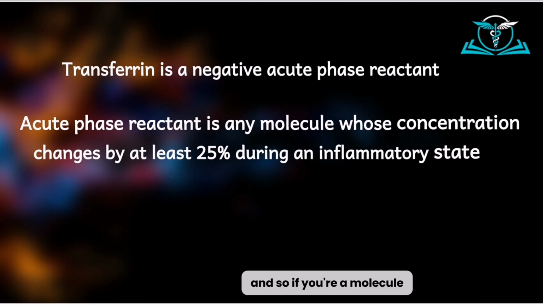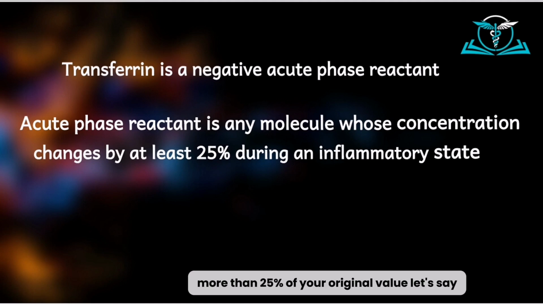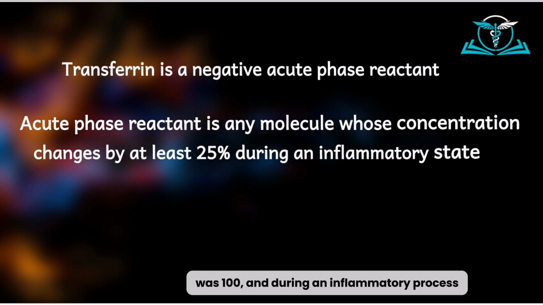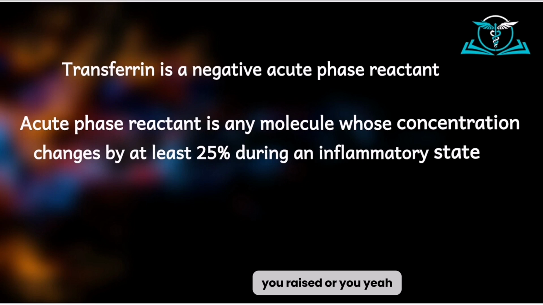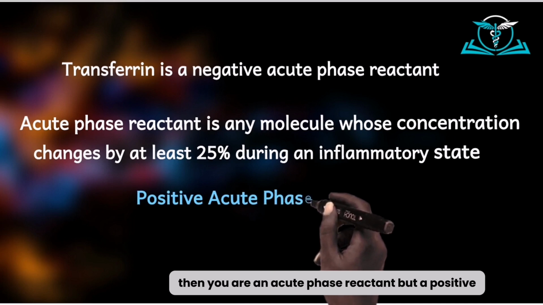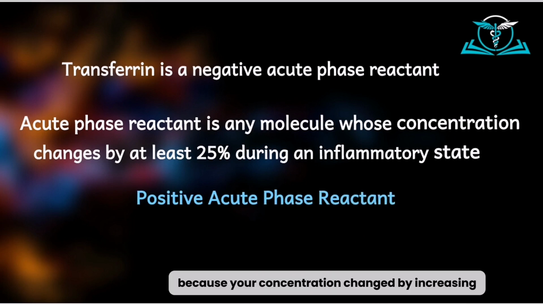And so if you're a molecule and your concentration increases by more than 25% of your original value, let's say your baseline was 100 and during an inflammatory process you were raised by more than 25%, so you move to 130, then you are an acute phase reactant, but a positive acute phase reactant because your concentration changed by increasing.